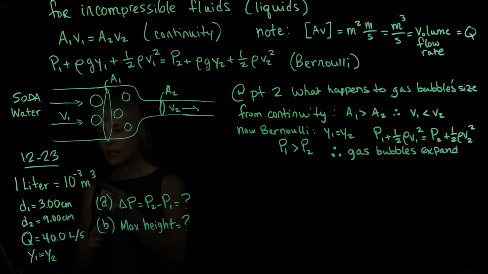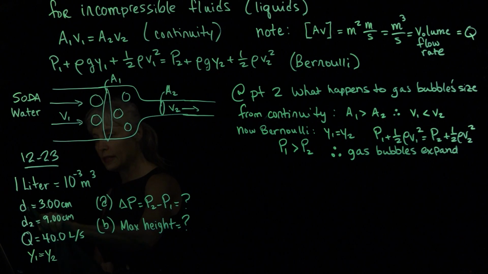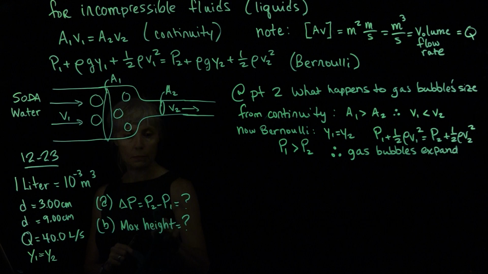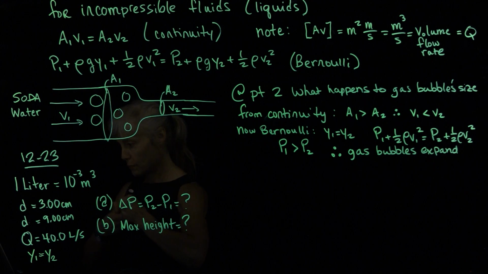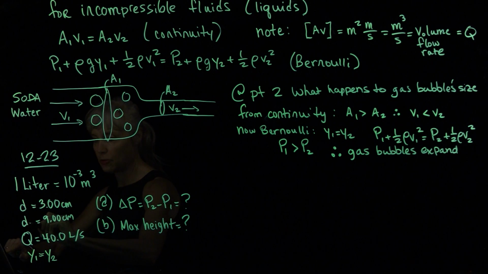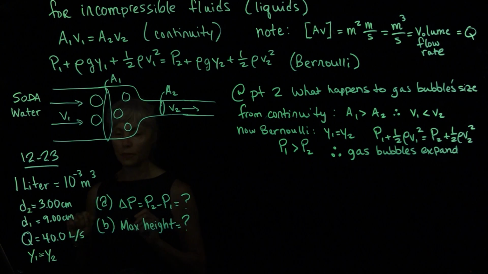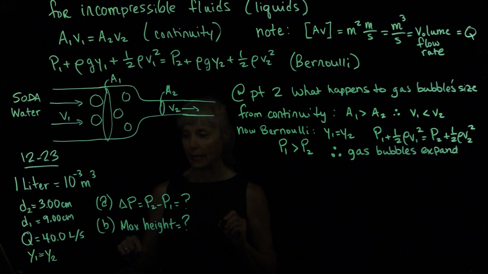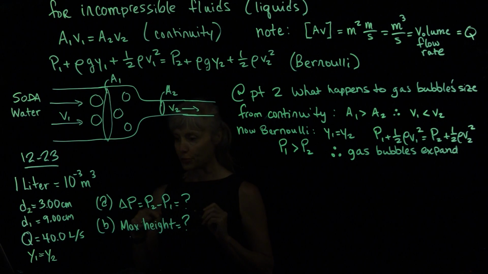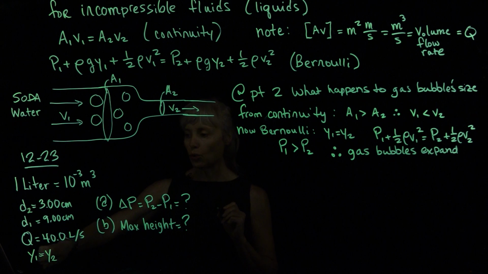So we're starting off with the diameter of the pipe being 9 centimeters. So that's going to be our position 1. And then it's tapering down to a 3 centimeter diameter pipe. So there are the diameters. We're not told anything about the heights, and actually we're kind of stuck unless we assume that the height's the same.